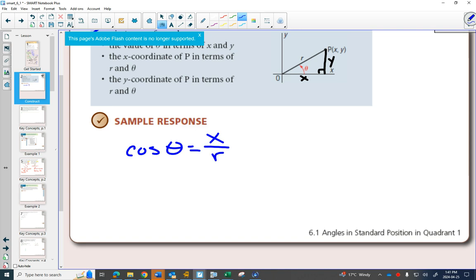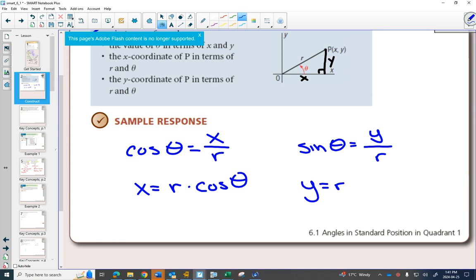If I wanted to get x in terms of r and theta, I would have to multiply both sides by r. That would be getting x by itself. And I could get the y-coordinate by itself because sine of theta is opposite over hypotenuse. And so the y-coordinate by itself would be r sine theta.